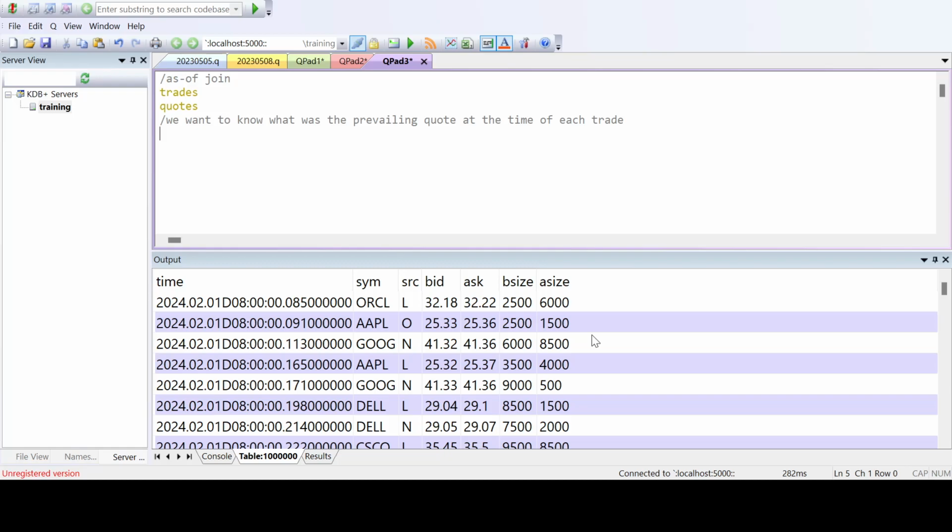Now, when there is a match between the buyer and the seller, there is an agreement, and the trade gets executed.